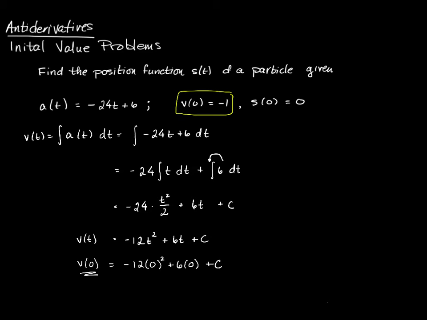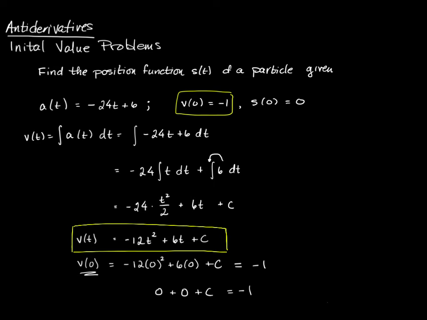But v of 0 is equal to negative 1. Therefore, c must be negative 1. With that information, I can go back to my velocity function and replace the c with negative 1. I'll write this new function off to the side and then erase the screen so I can do the next part, which is to find the position function.